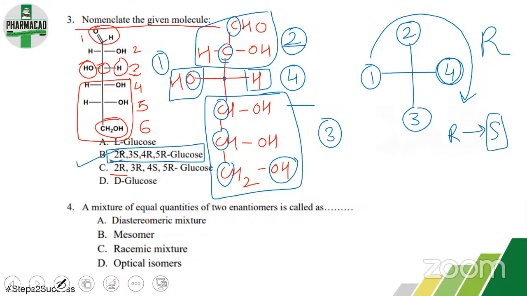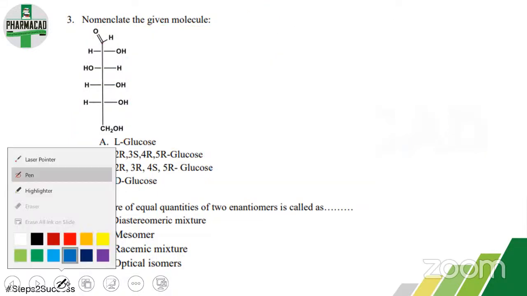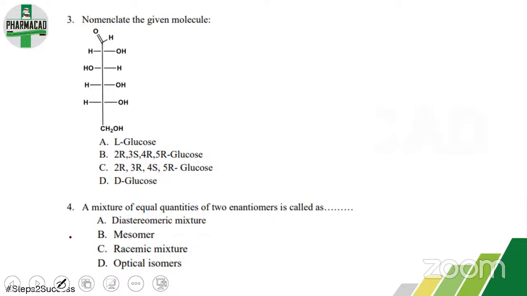Okay. I hope this MCQ is clear for all of you. Now the next question is a mixture of equal quantities of 2 enantiomer. So 2 enantiomer, it means what? Dextro or levo, or R or S. 2 equal quantities.